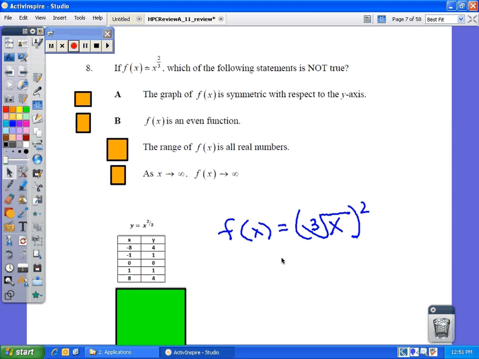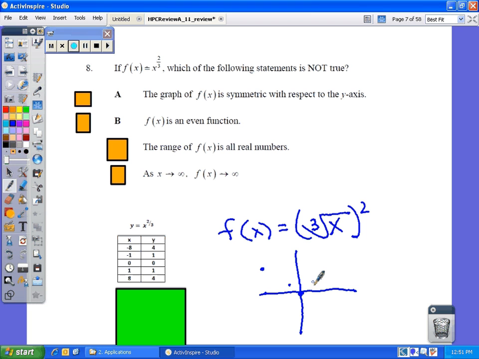So, what I'm looking at here is a graph. Let's take a look at this graph. Where I have a negative 8, let's say, and a positive 4. And I have a negative 1 and a positive 1. And I have a 0, 0.